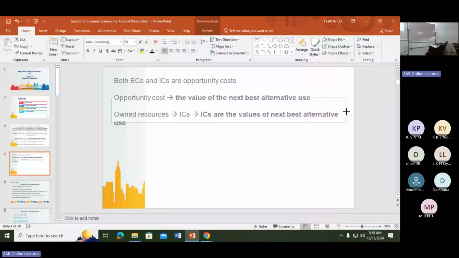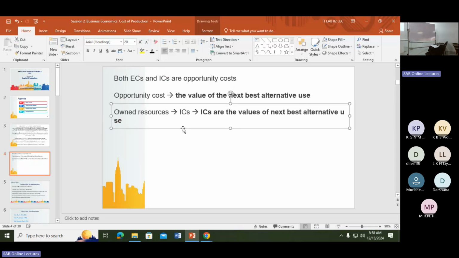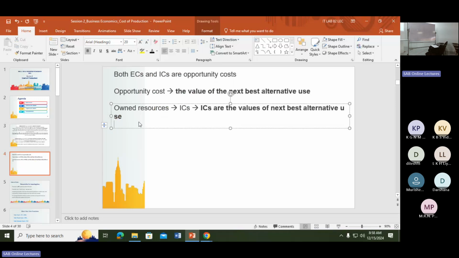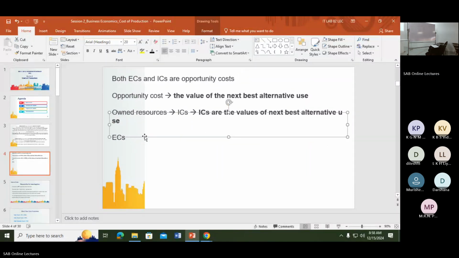Therefore, by nature, implicit costs are opportunity costs. We have to worry about explicit costs. Can we consider explicit costs as opportunity costs? To become an opportunity cost, it should be the value of the next best alternative use.